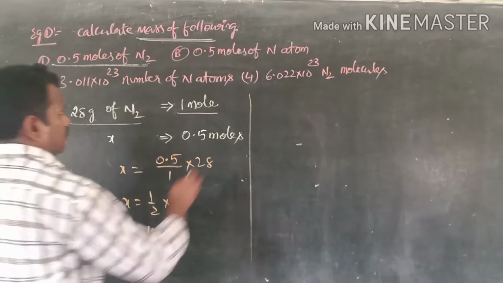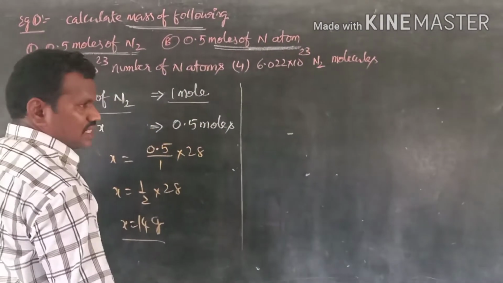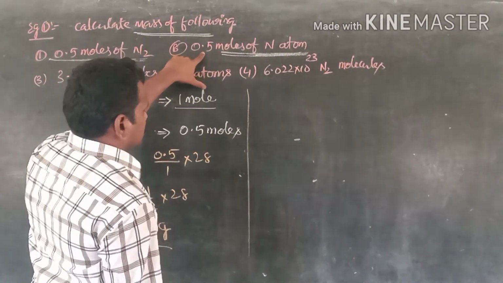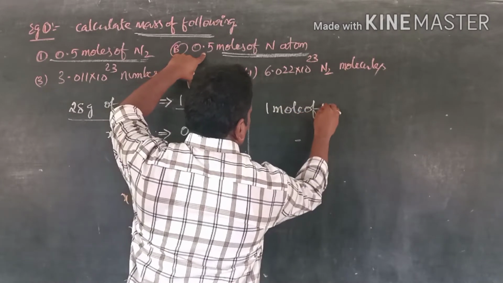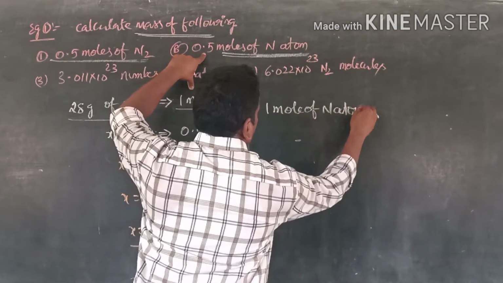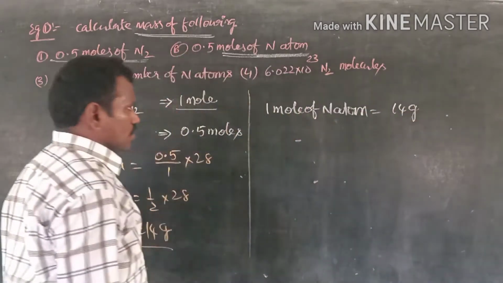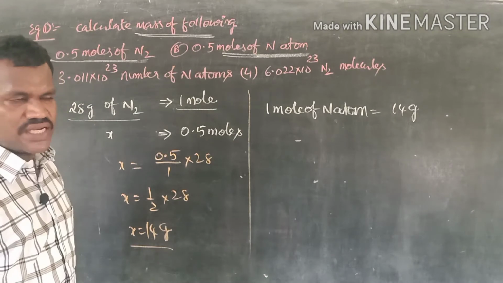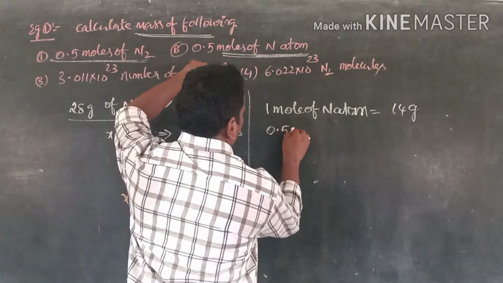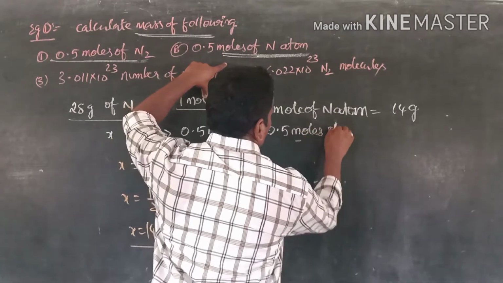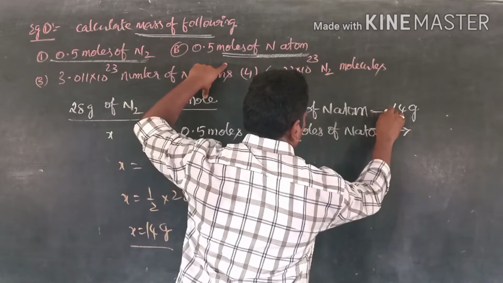See, in this example 2 what they gave? N atoms, nitrogen atom, a single atom we should consider. How many moles? 0.5 mole. Now we know that 1 mole of N atom, what is its atomic weight? 14 grams. 1 mole of N atom weighs 14 grams. But here how many moles are they asking? 0.5 moles of N atom. 0.5 moles of N atom weighs how many grams?